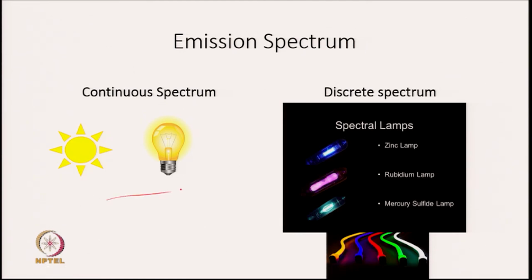On the other hand, if you look at lamps, for example a zinc lamp, a rubidium lamp or a mercury sulfide lamp, you will see different colors. They are emitting a wavelength of a particular color.